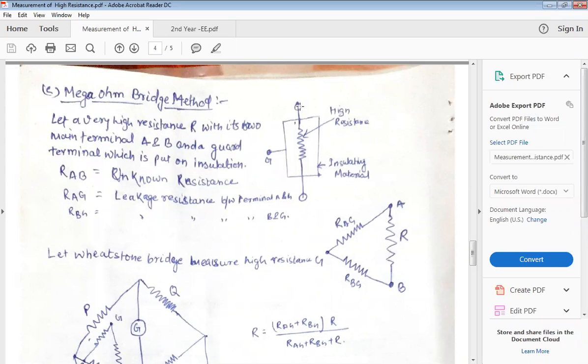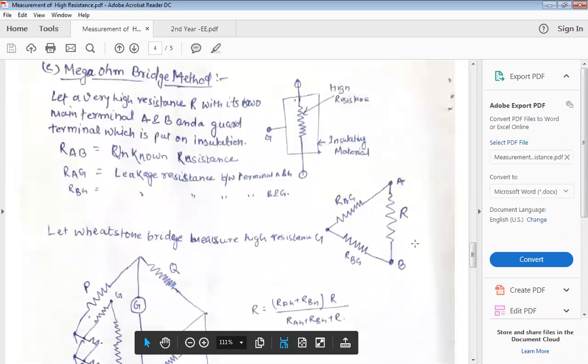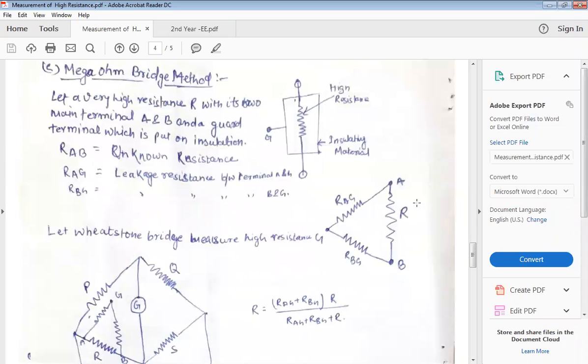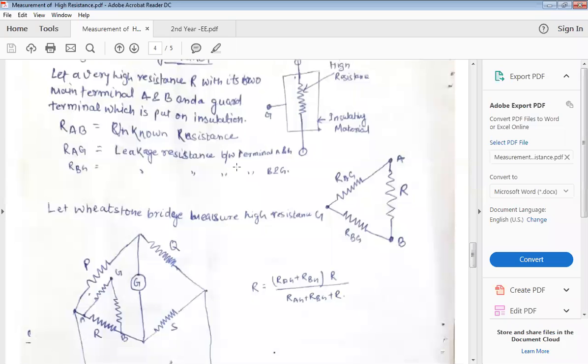Suppose there is terminal A and terminal B of the high resistance, and the third one is the insulating resistance terminal G. The unknown is R, and RAG is the leakage resistance between terminal A and terminal G, and RBG is the leakage resistance between terminal B and terminal G, where RAB is the unknown resistance that you have to measure.